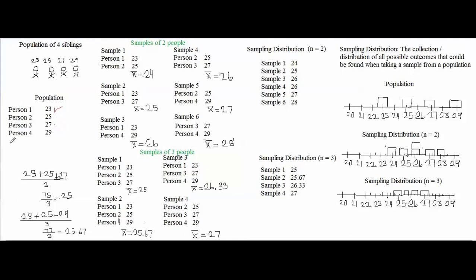So let's find the mean of the population. The mean of the population is the total of the 4 numbers in the population divided by 4. We just add the numbers and then divide by the number of numbers.